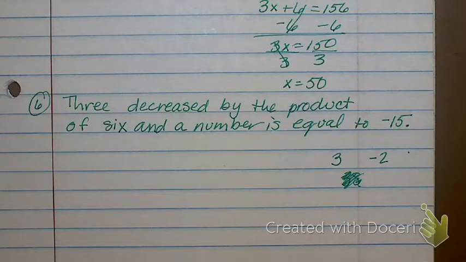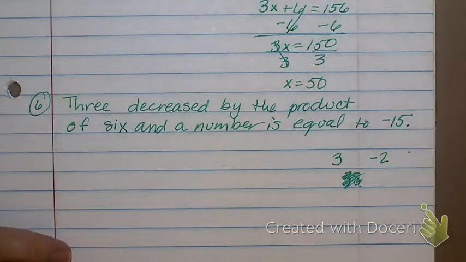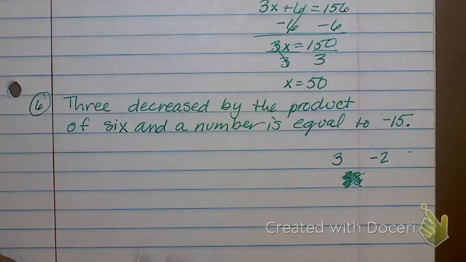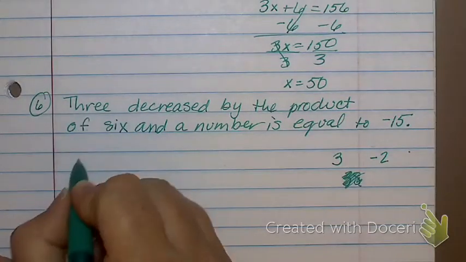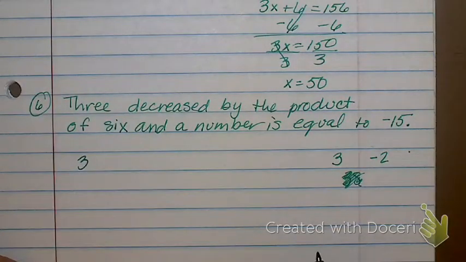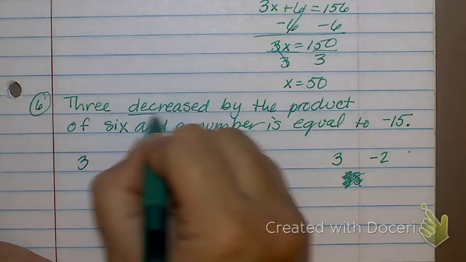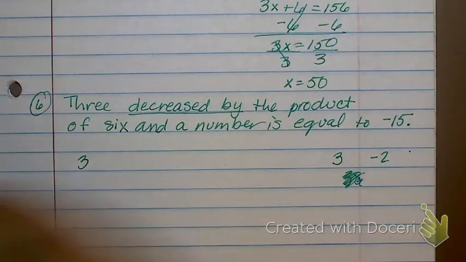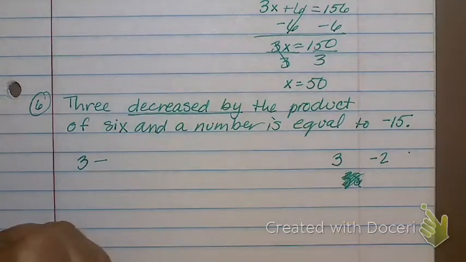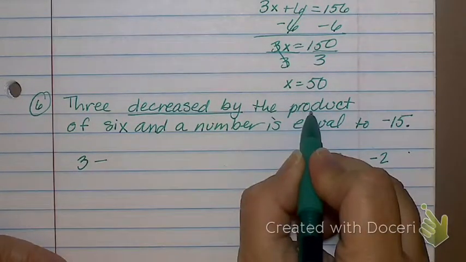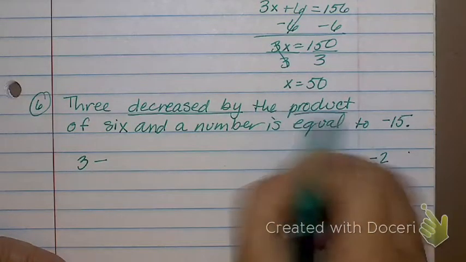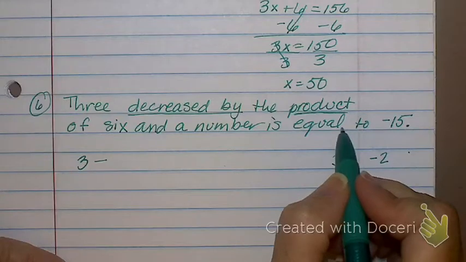That's my hope. Now, my brain on these ones goes straight to an equation. Okay? And I just start translating it literally word for word. First word is 3. There's my translation. Decreased by. The product. 6x. The product means I'm going to multiply the next two things they tell me.